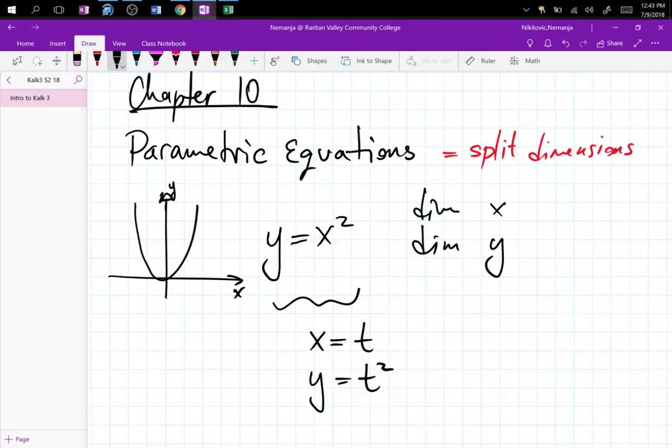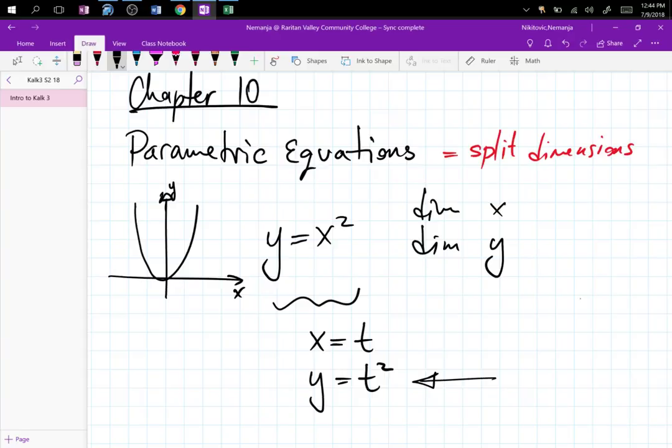So this is what we would call trivial parametrization. Technically your second equation is guaranteed to be the same as the original equation. You can do this trivial parametrization on any function or non-function that exists, and you achieve actually nothing.